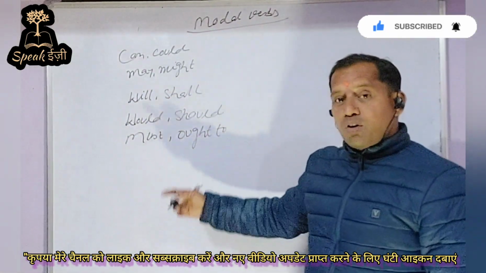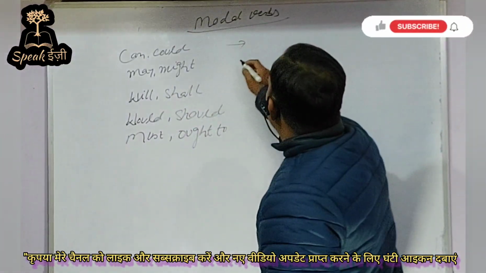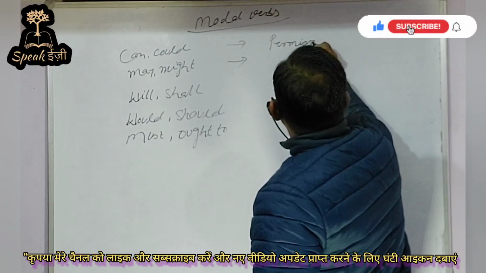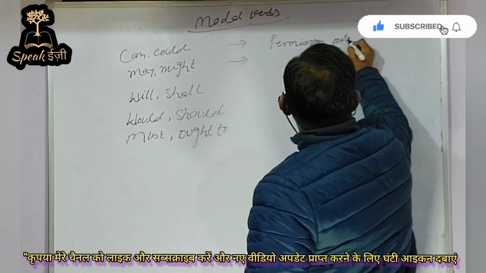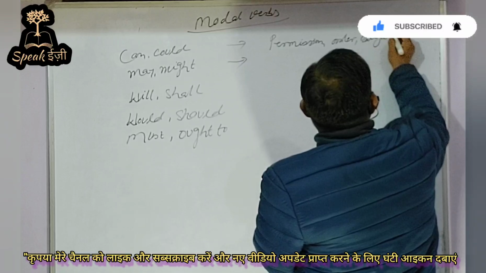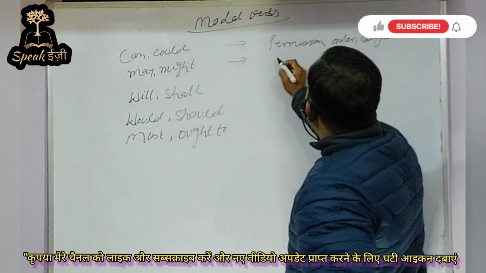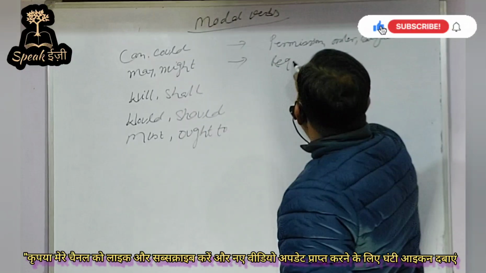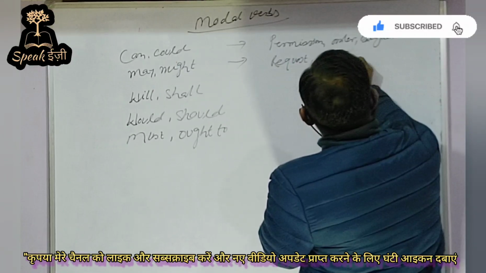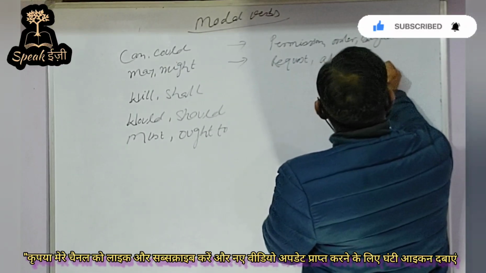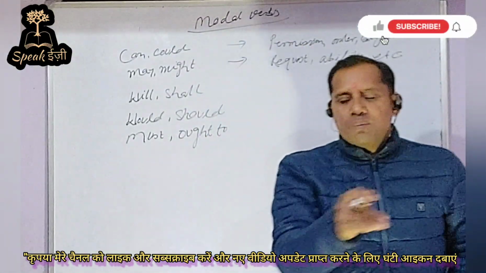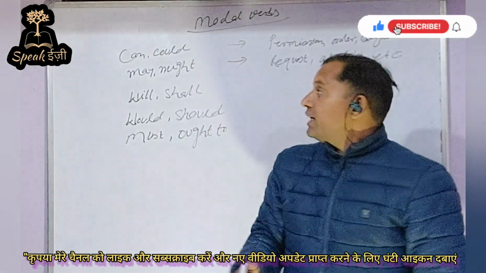And what do these modal verbs do? These modal verbs are generally used for taking a permission, for giving an order, for an obligation, for making a polite request, showing the ability, etc. These modal verbs help us in taking a permission.